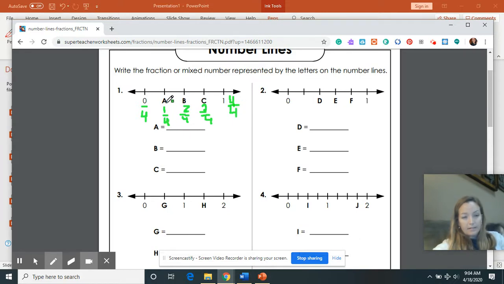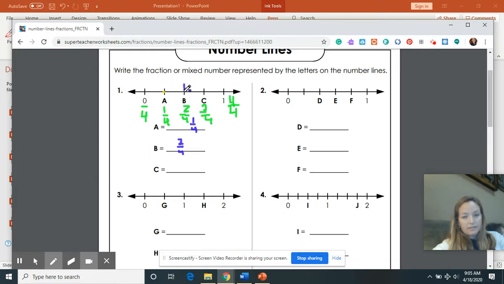So A here, I'm going to change my color. I see that A is plotted as 1/4. B, I'm looking at 2/4, and all year long I've been asking what would be an equivalent fraction to 2/4.